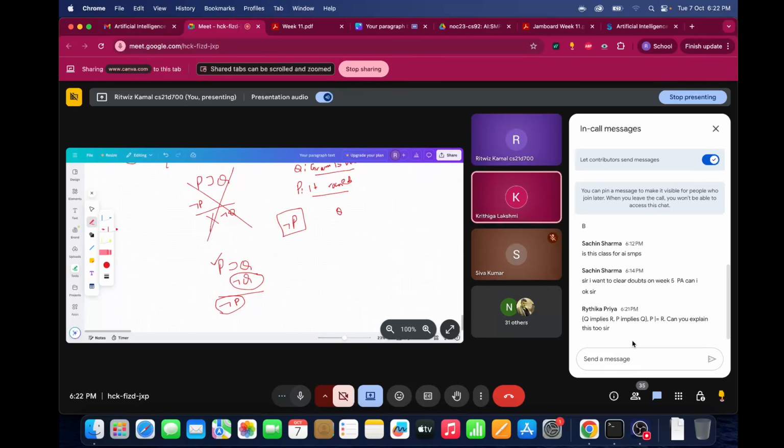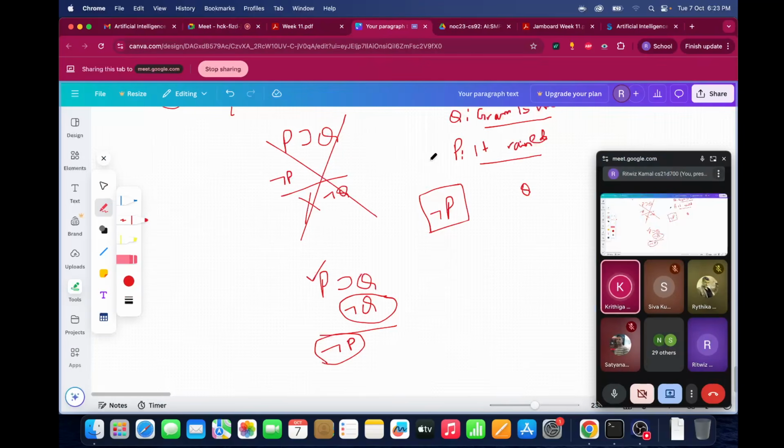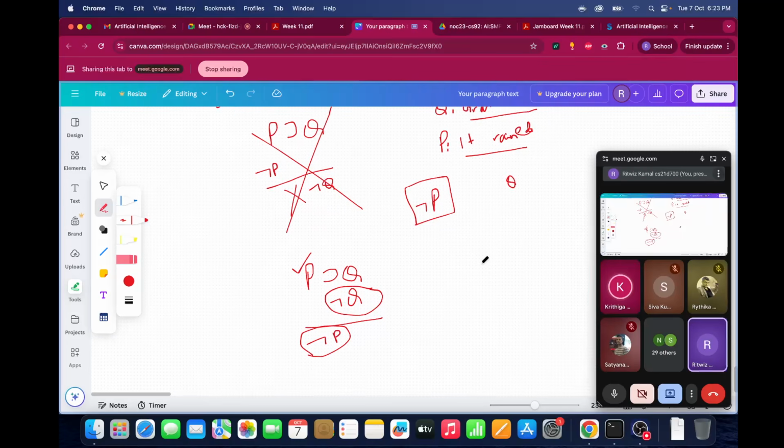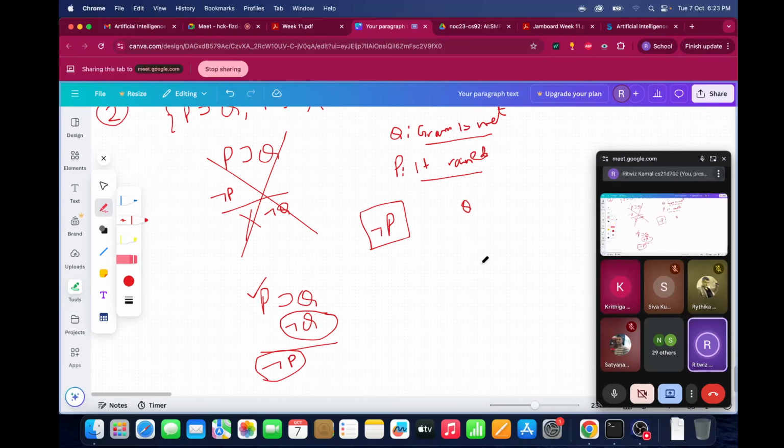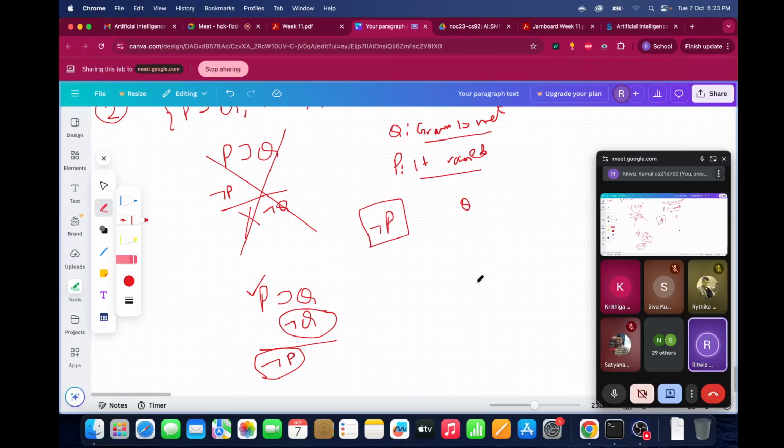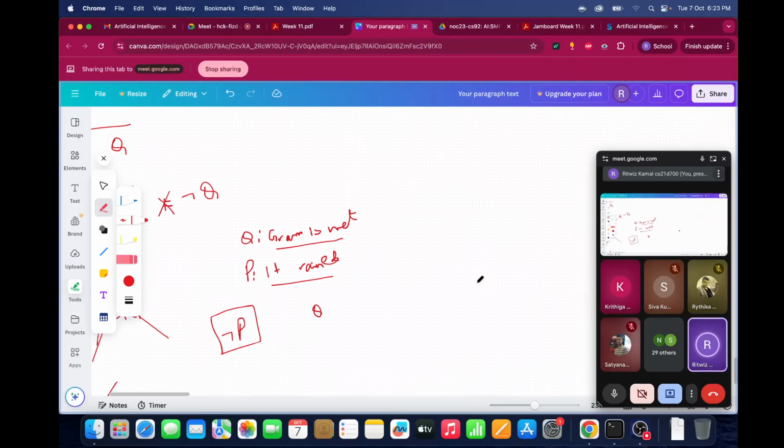So what is the thumb rule? Unless the conditions are clearly stated in the facts, you cannot make your own assumptions. Yes. With implication specifically, there are two rules that you must remember.